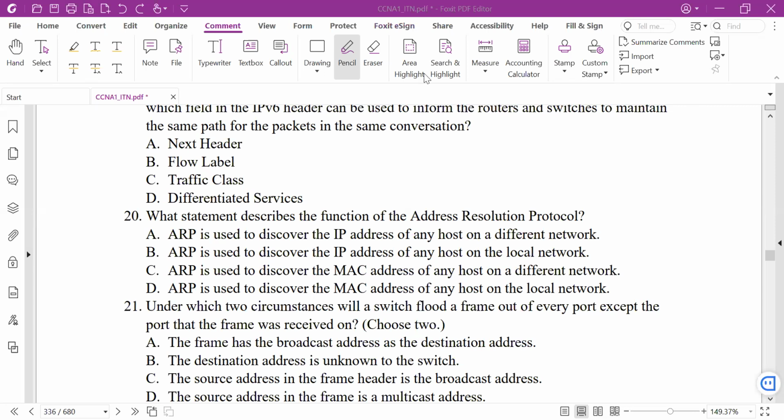Yes, I think both answers are true. I just want to give you something like this, right? If I'm trying to connect between PC1 and PC2, ARP only works on local networks.